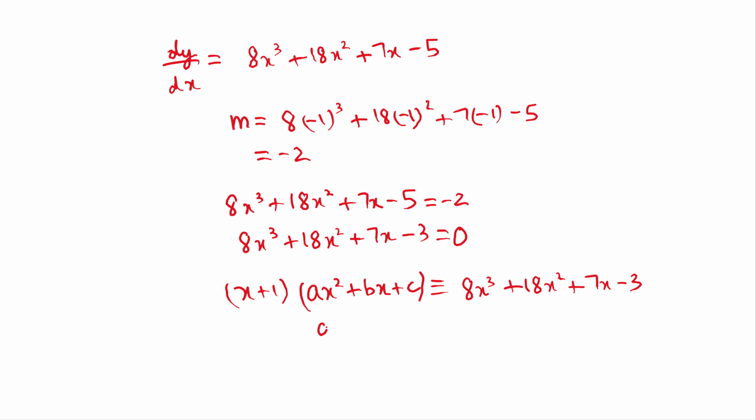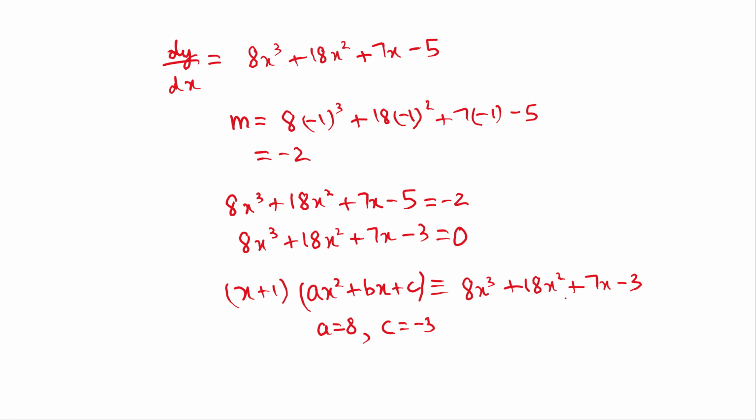So we can say that a is equal to 8. So 8x squared times x will give us 8x cubed. Similarly, how can we get a constant term? The constant term in this expansion we'll get if we multiply c with 1. That is the only option. So we can say that c is equal to -3, because -3 times 1 will give us -3.